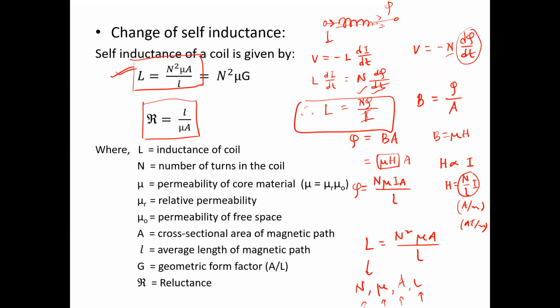Reluctance is the opposition offered to the magnetic flux, or the resistance that the magnetic flux experiences in a magnetic circuit, and it is denoted through this expression. The reluctance is also a function of the length, the cross-sectional area, and the permeability. If one or more of these quantities are changed, then the reluctance will also change, which will eventually result in the change of self-inductance.